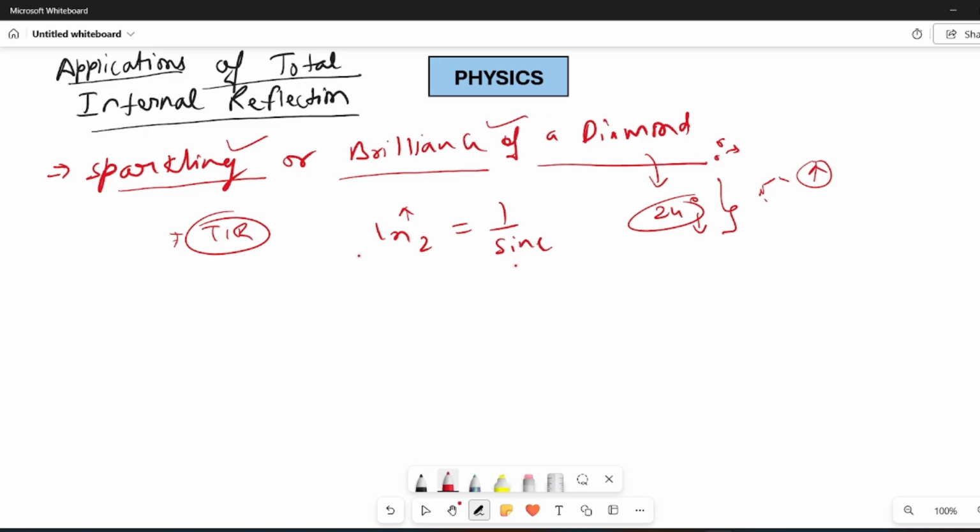Because in most of the cases, when you look at the diamond from every direction, it is going to reflect back the light, and because of that the sparkling is happening. Now the same thing, accidentally, when you randomly take soap water and blow out bubbles, those bubbles are shiny in nature. The critical angle for the water-air interface, I told you, is around 48 degrees.